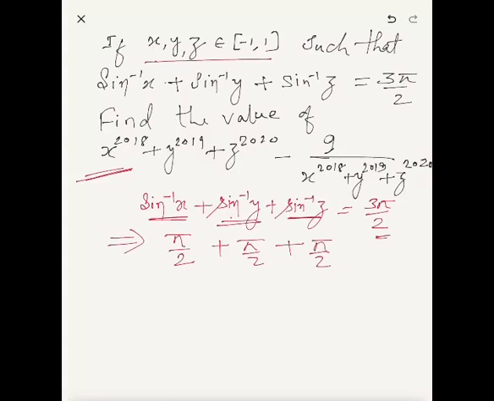Okay, so here your sine inverse x must be equals to pi by 2, which implies x equals to sine pi by 2, which implies x equals to 1, isn't it?